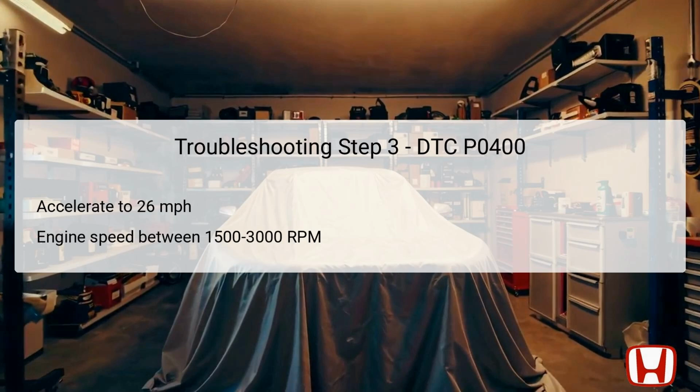Sustaining this speed and RPM range for at least 10 seconds is essential, as it provides the PCM with valuable data regarding EGR performance promptly. Successful completion of this step, combined with previous ones, can help in confirming the presence or absence of the error indicated by DTC P0400. It's important for the driver to adhere to traffic regulations during this process to maintain safety and compliance.